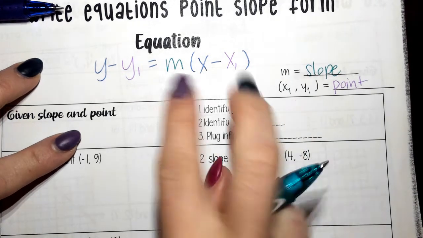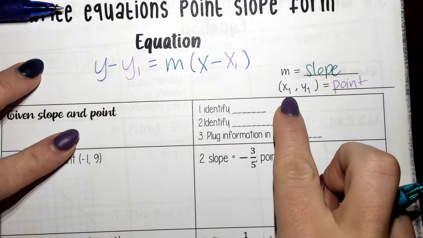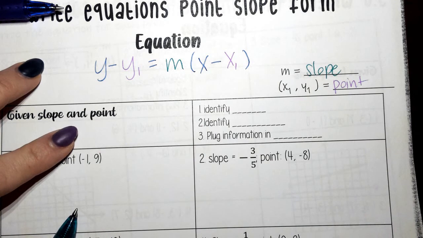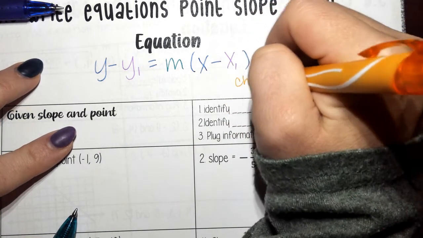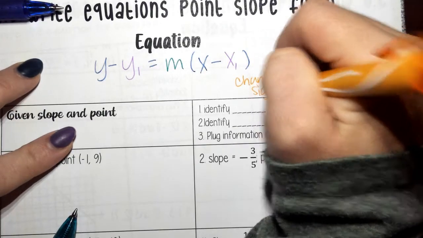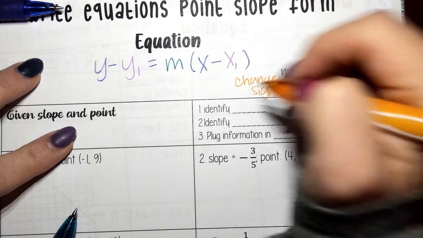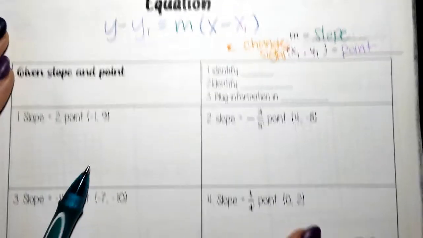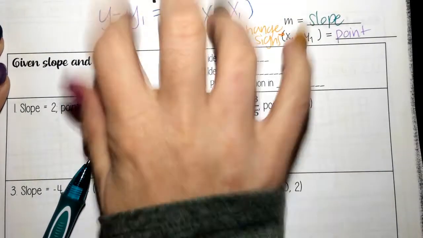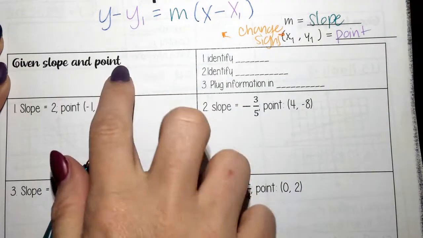Remember, when we were pulling the point out, we had to change the signs. So we're going to do the same thing, change signs for the point from here to here. So how are we going to write it in this form given slope and point?